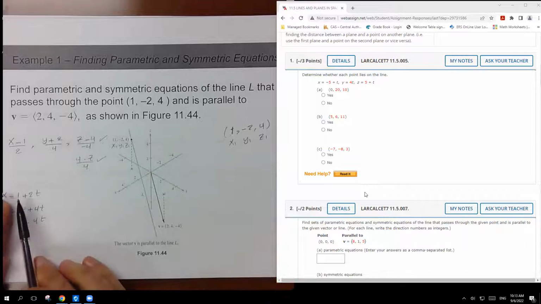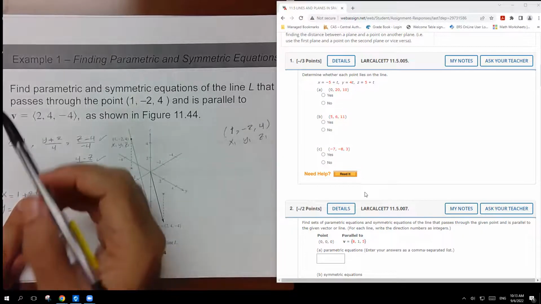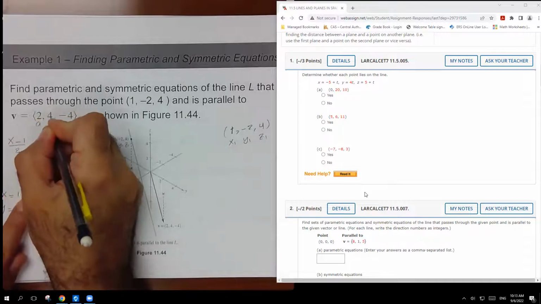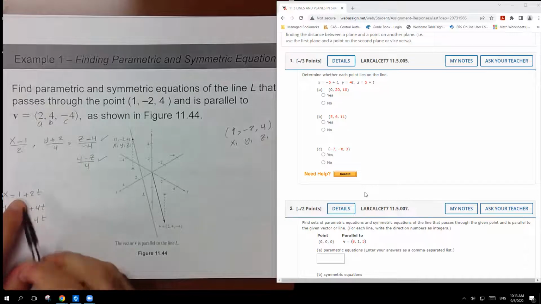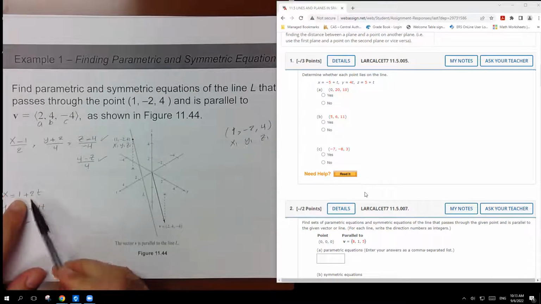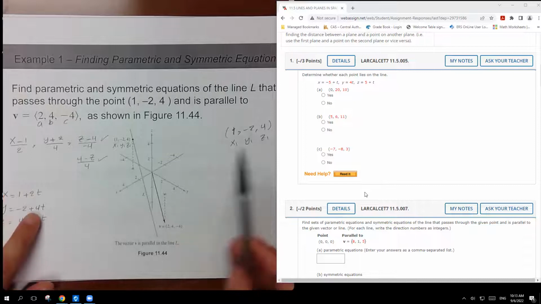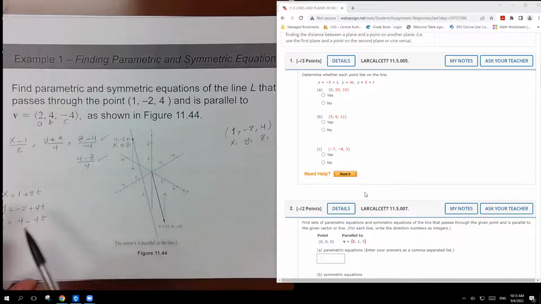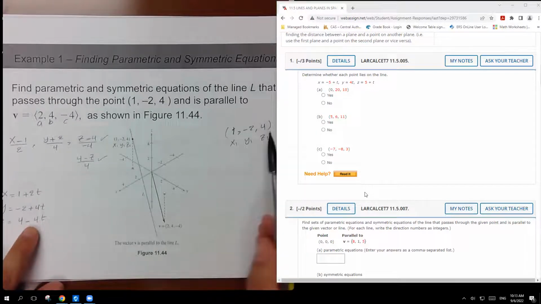So x is going to be x1 plus a, because here's the vector, so this is a, b, and c. x equals x1 plus at. This is the first one. The second one, y equals y1, which is -2, plus b, which is 4t. And z equals z1, which is 4, plus c, which is -4t.